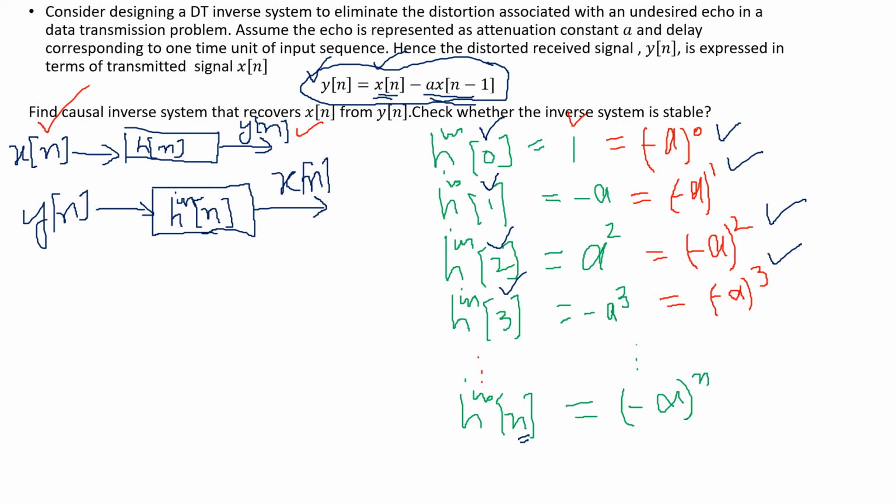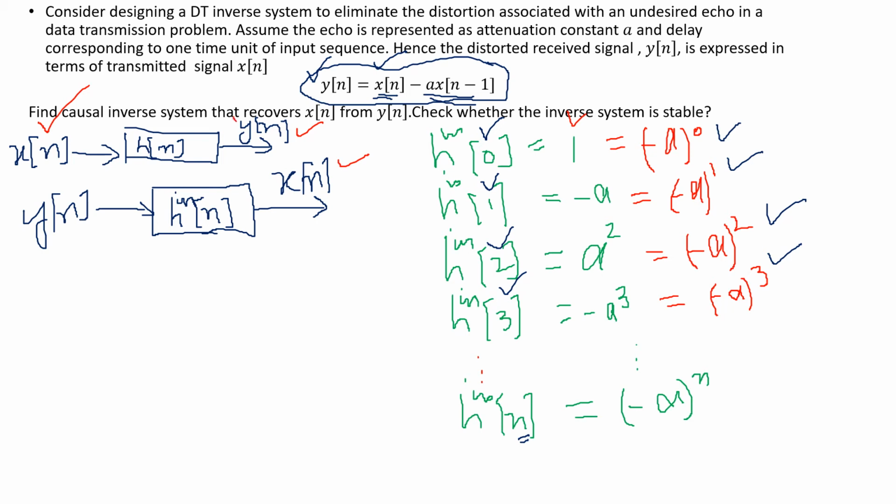And what is y of n? Y of n is basically a combination of x of n in its delayed and attenuated form. So this will result in some sort of distortion. Now to remove that, we need an inverse system so that we can recover the original signal.